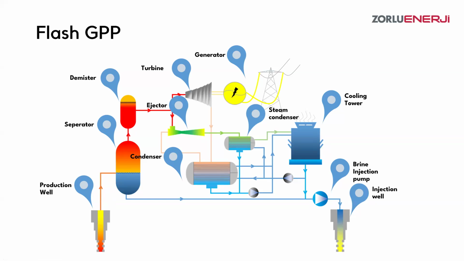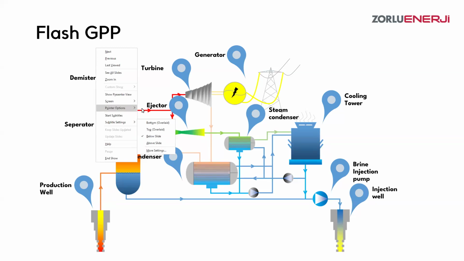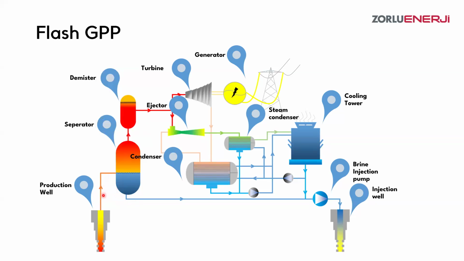So to use that steam and brine mixture, you are sending all the... let me take the laser to point out easily. You send that fluid mixture into a tank, basically a pressurized tank, which is called a separator.